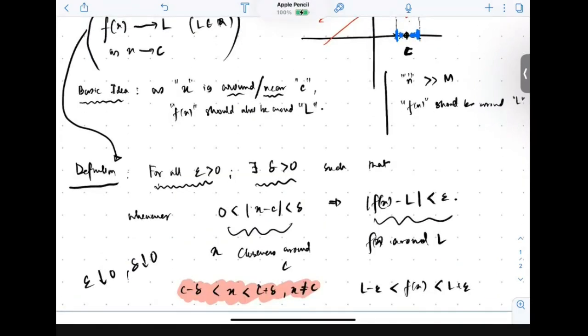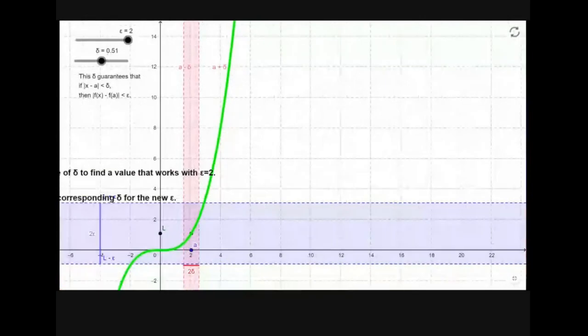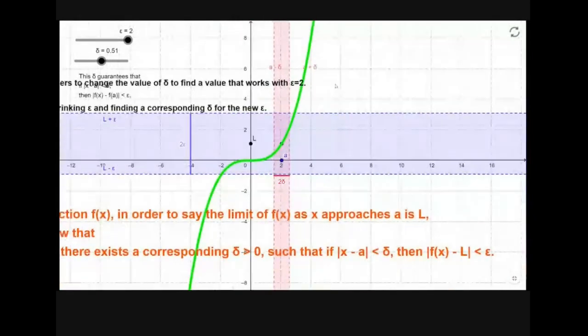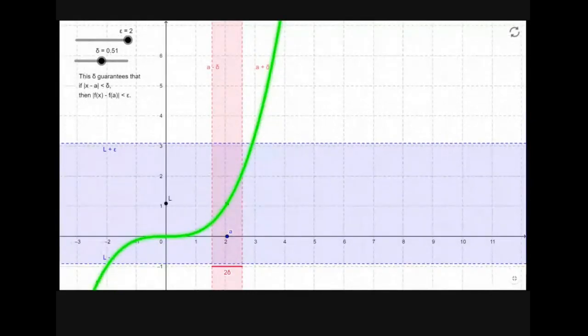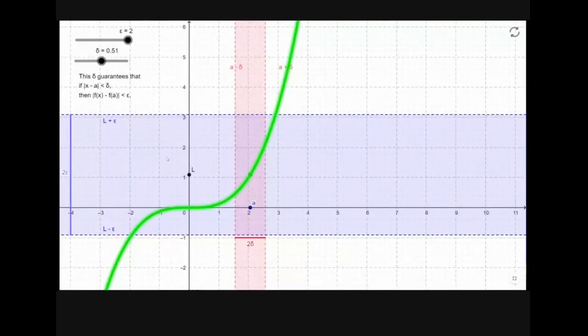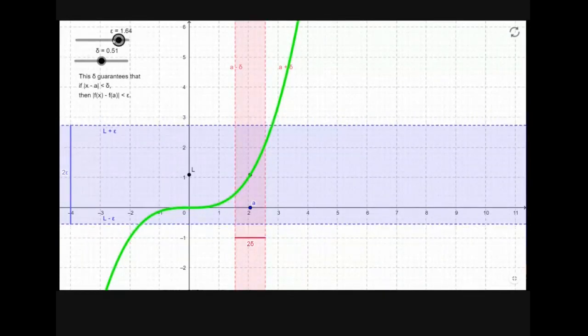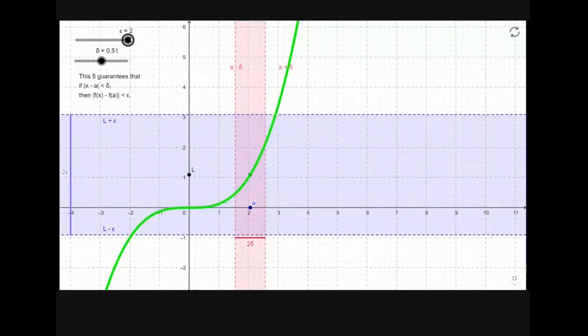It will make this more clear. Let me check this function out. It's a continuous function, but that's a different thing. Understand f(x) is near L plus epsilon. Let's take epsilon to be 2 here.